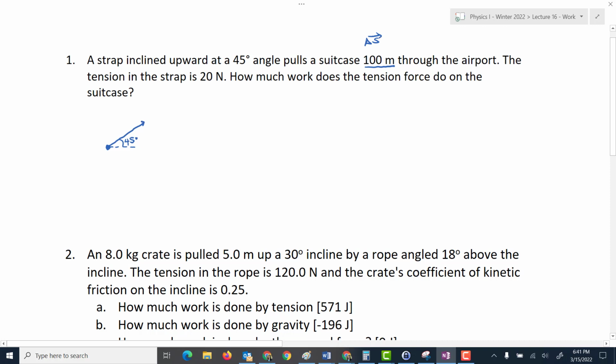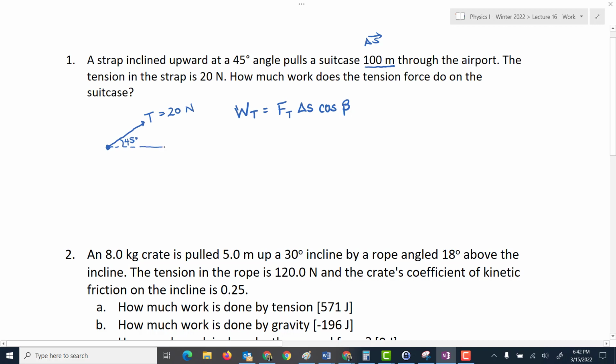The tension in the strap, so this is my tension, is 20 newtons. How much work does the tension force do on the suitcase? So the work, and I can put a little subscript, the work done by the tension is equal to the force of tension times the displacement times cos of beta, where beta is the angle between the force and the displacement. Okay, so which way is the object actually moving?